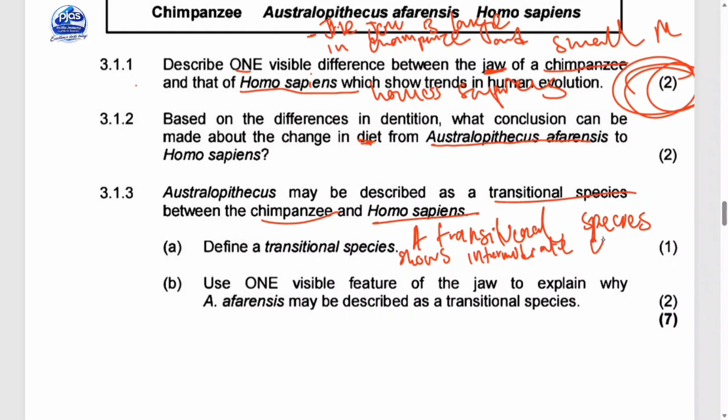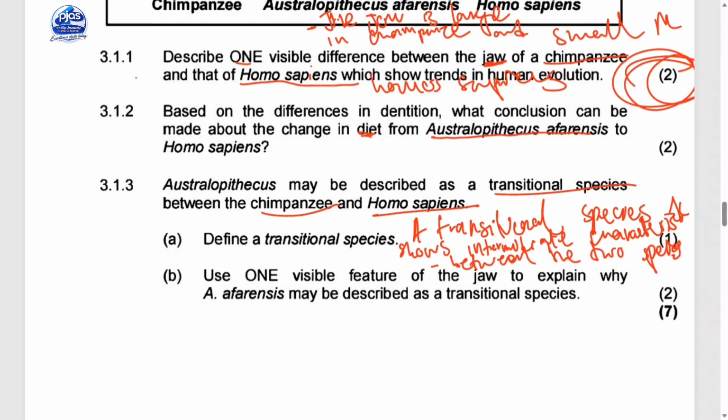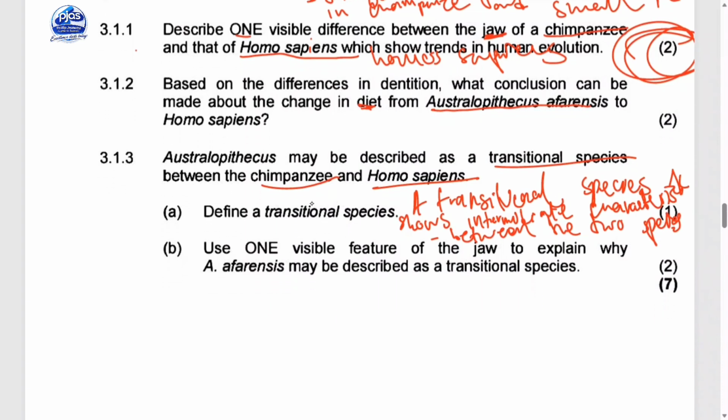Intermediate characteristics between the two genera. Yes, or rather between the two species. Yes, that is the definition of the transitional.